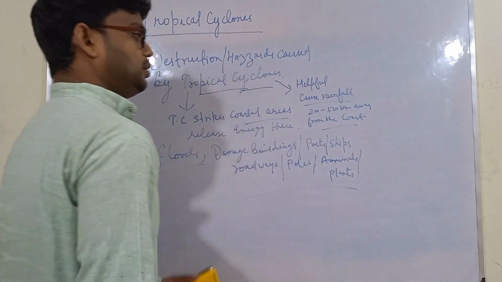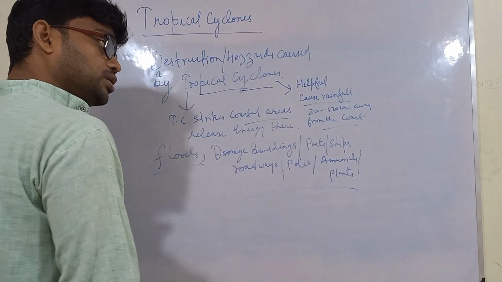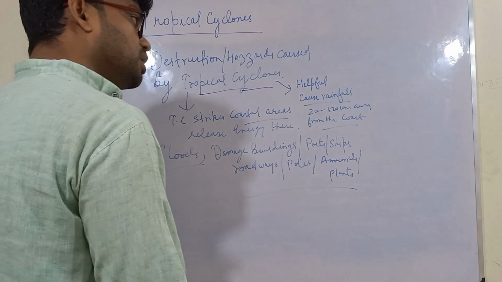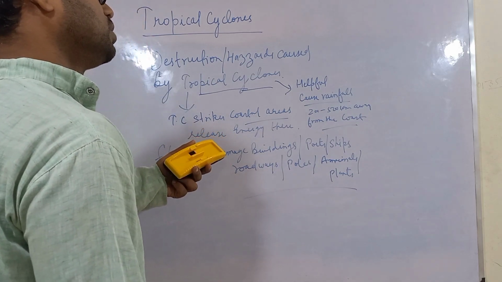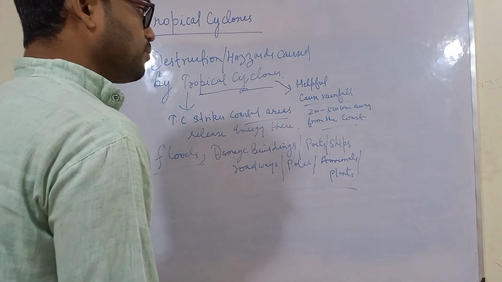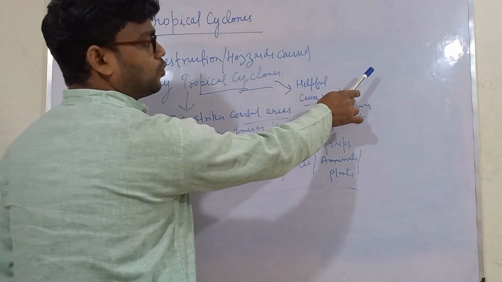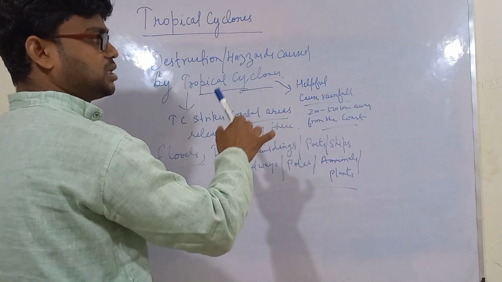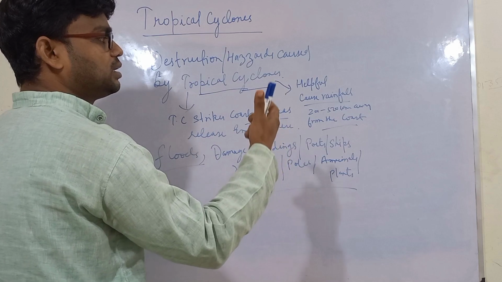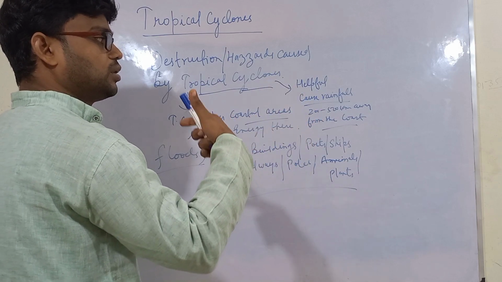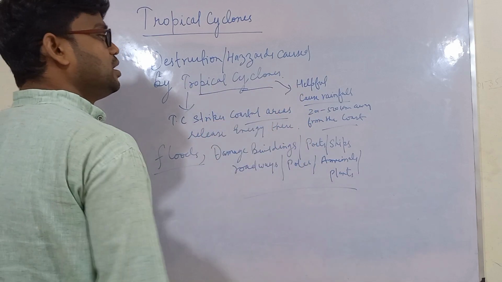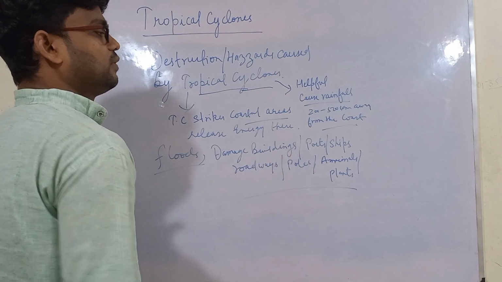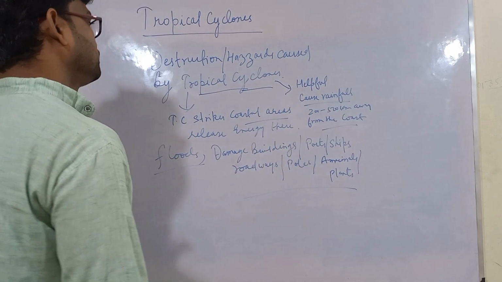Now we see coastal rainfall in the months of, for example, August or October, especially in parts of Odisha, Chhattisgarh, Andhra Pradesh, Telangana. Those are known as cyclonic rainfall, caused by the cyclones, and that rainfall is very good for agriculture.